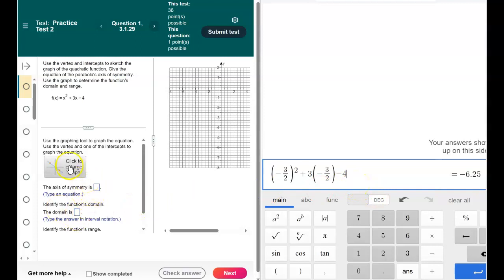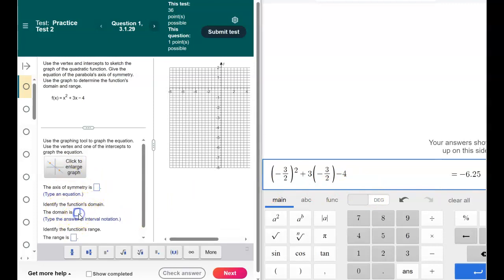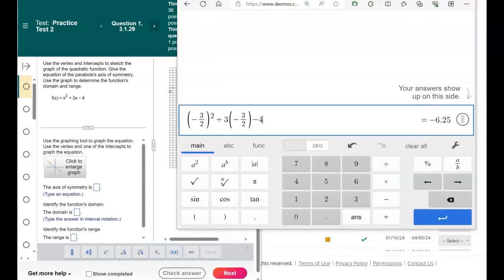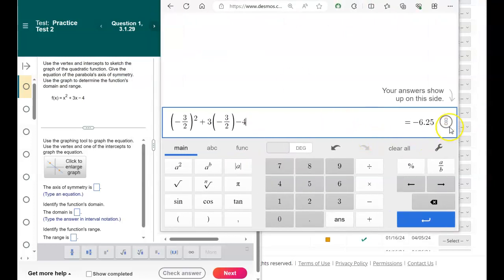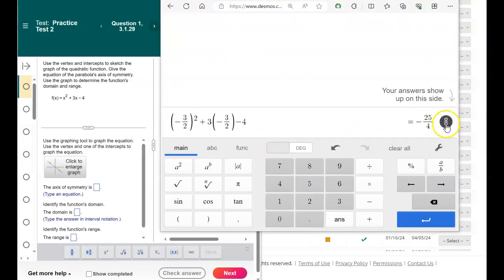Now let's type in the answer here. To type in the range, this would be the starting point. If you want to write it in fraction form, you can click on that button to get the fraction form.